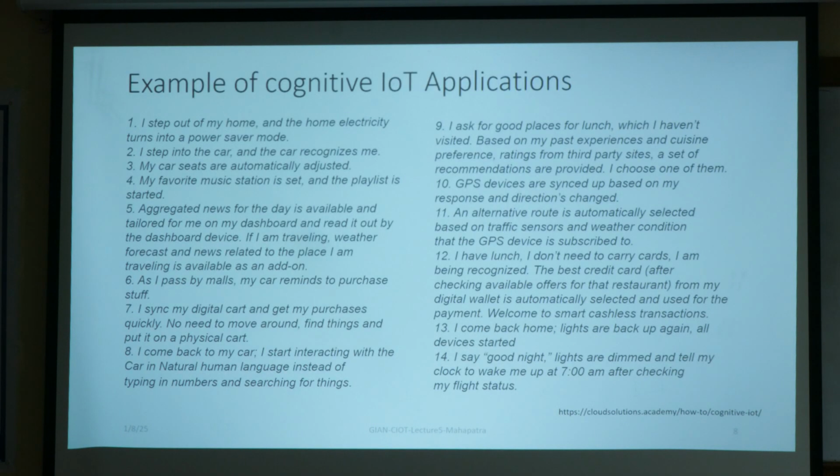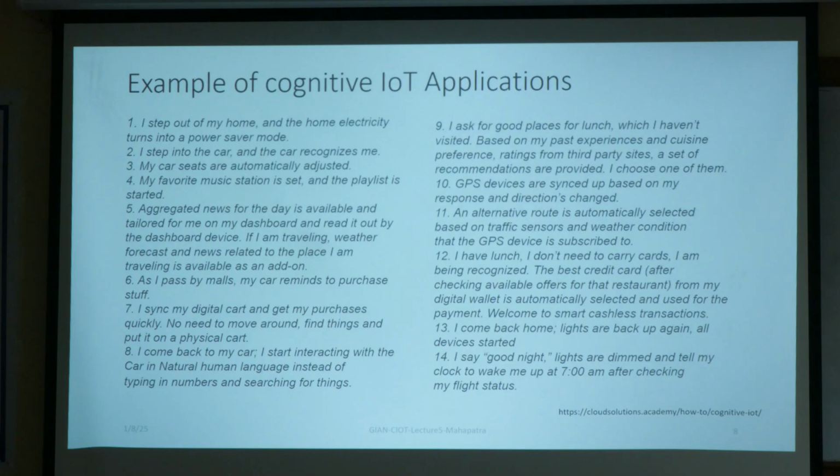A little fun about cognitive IoT applications. They're very rudimentary. Suppose I step out of my home, and the home electric power turns into power save mode. Then I step into the car, and it recognizes me. My car seat is automatically adjusted, my favorite music station is set, and the playlist starts.